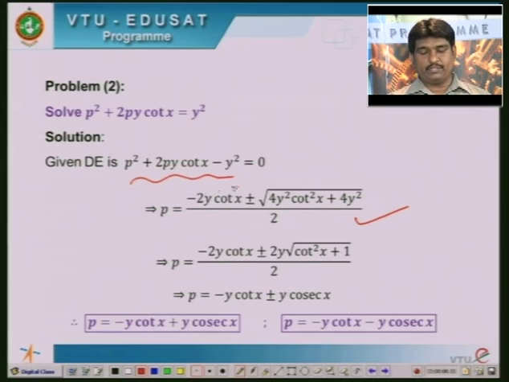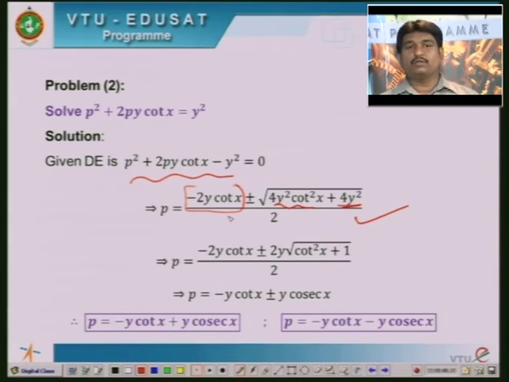So I have written -b ± √(b² - 4ac), where b² is 4y² cot² x and 4ac is 4y² divided by 2. Simplify this. Take 4y² outside the square root to get 2y. Then it is 2y into the root of cot² x + 1.